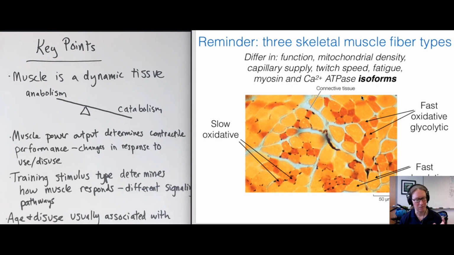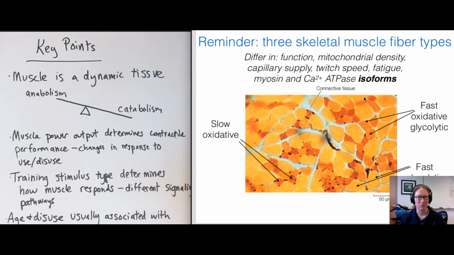There's the myosin that can relatively quickly hydrolyze ATP, there are faster calcium ATPase calcium uptake proteins, and then there are slower forms of these proteins. So the function of any particular muscle fiber is going to be a product of which particular isoforms of myosin and calcium ATPase are present.